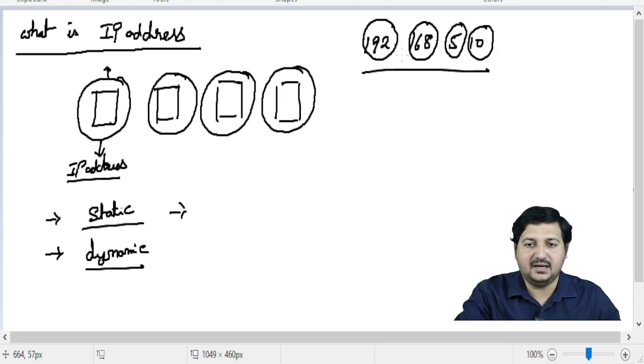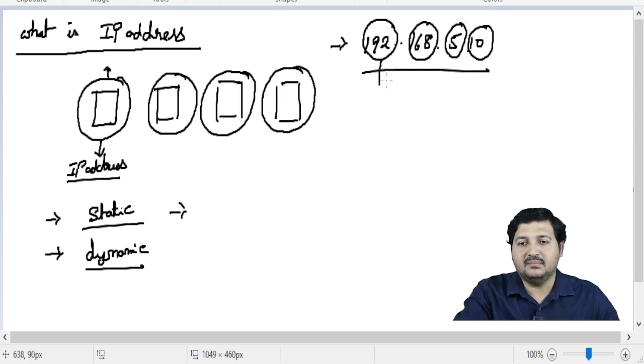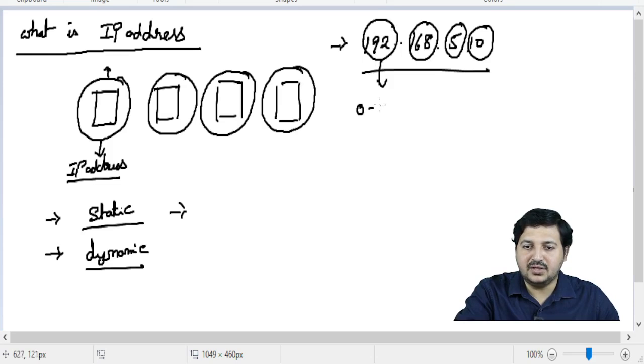Every number can vary from 0 to 255. The next question is, why is it 0 to 255? I will give that explanation later.